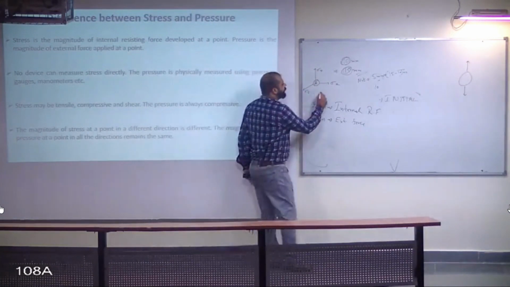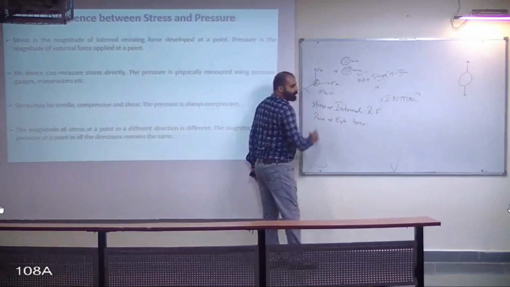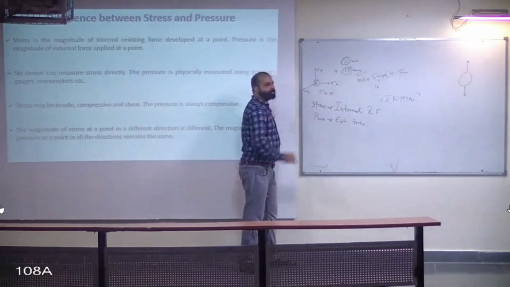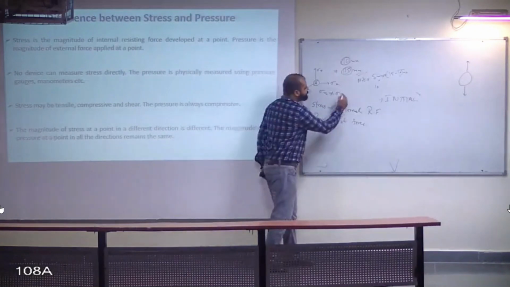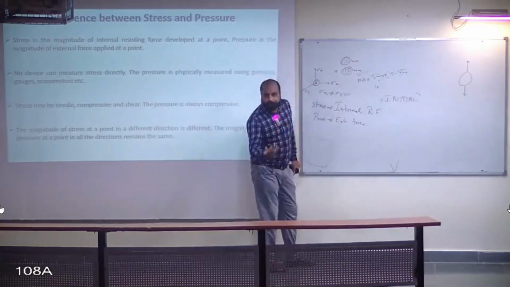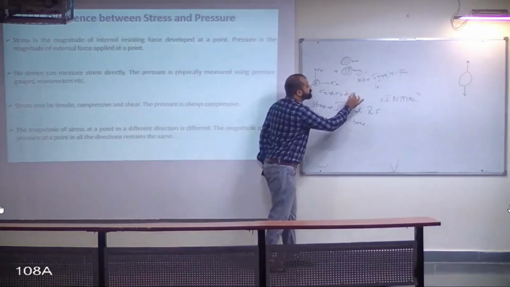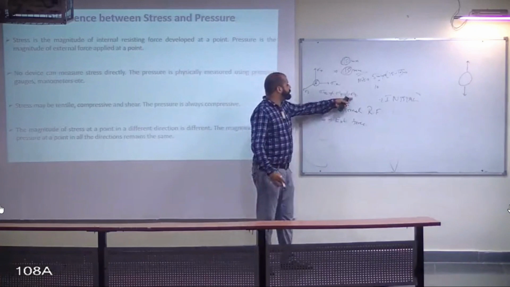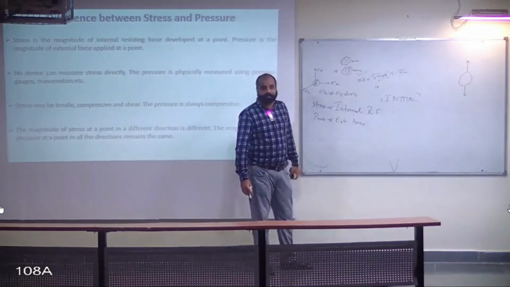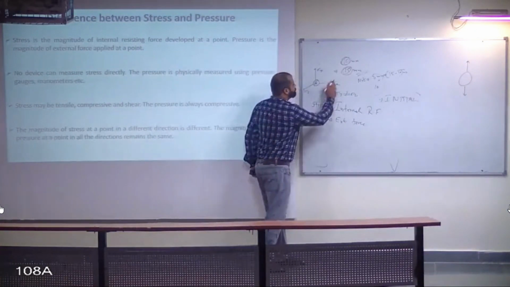So sigma x may or may not be equal to sigma y, and this in turn may or may not be equal to sigma z. If they are equal, that's fine, but there is a possibility that they may not be equal. But when it comes to pressure, same thing.